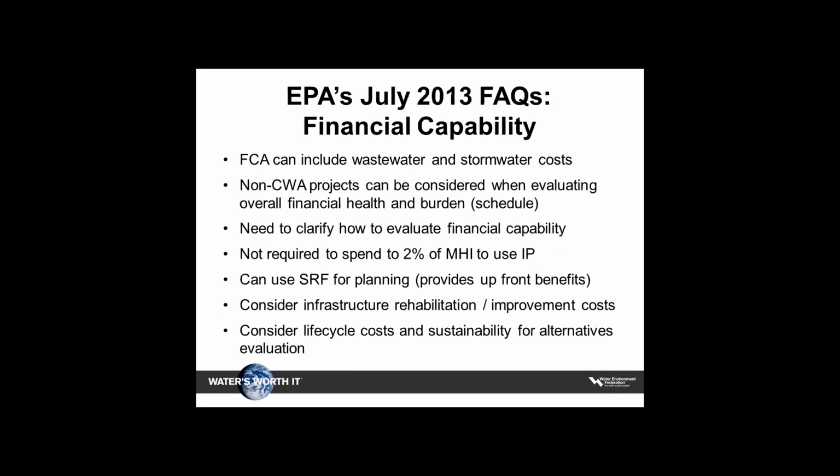And then in July, EPA came out with some frequently asked questions, and there were a number of questions in there, not just about financial capability, but this is the list that came out of those frequently asked questions. And I think we covered a number of those. In there, they did clarify that infrastructure rehabilitation improvement costs should be considered in integrated plans, and that life cycle costs and sustainability should be considered for alternatives evaluation.